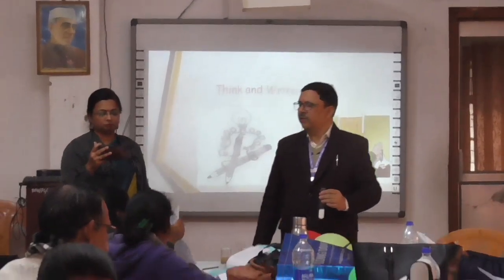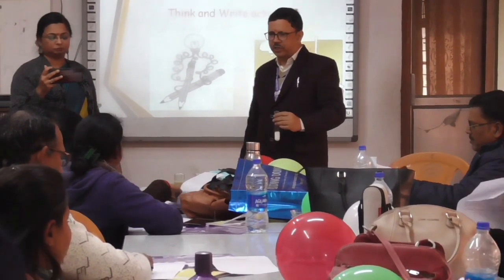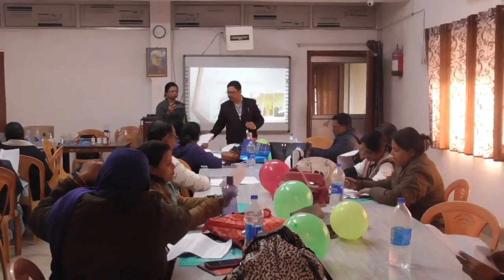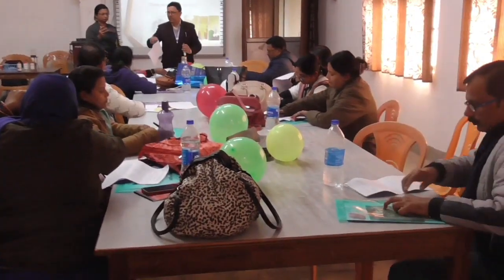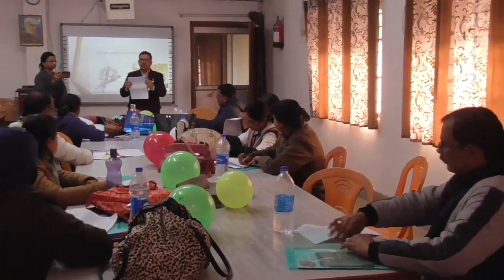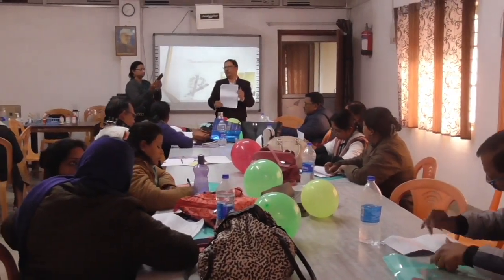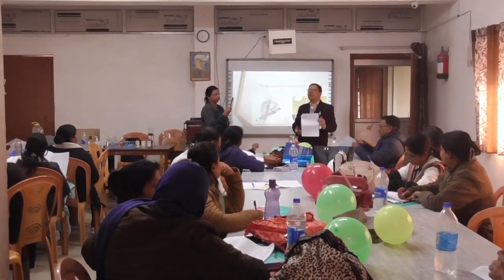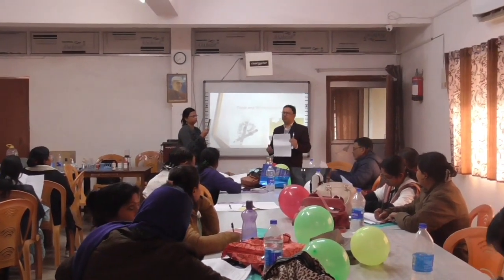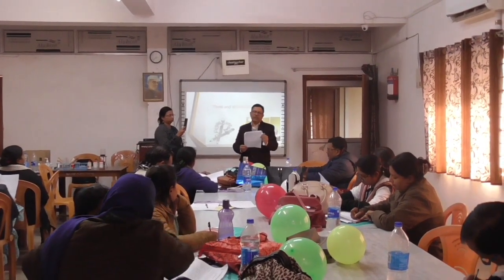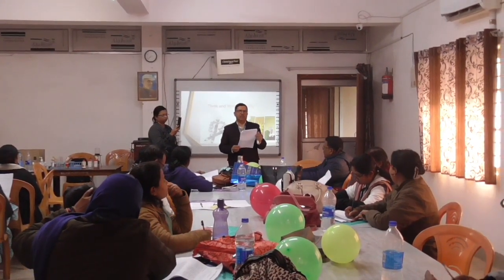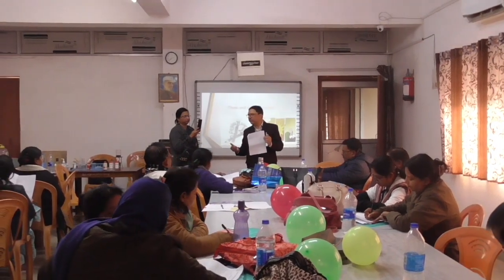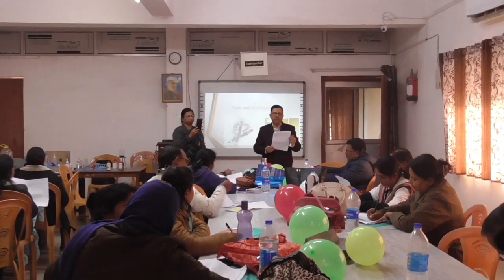This is the first demonstration, and on the basis of this demonstration, what was the objective of the demonstration? When we do this in the class, what was the objective for doing such a thing? The second is observation. During this activity, what are the different observations? We have to note them down.